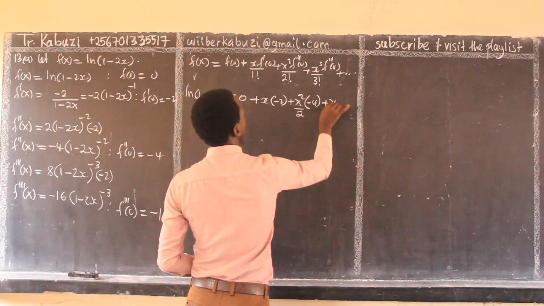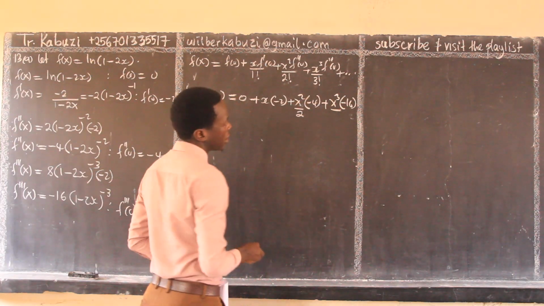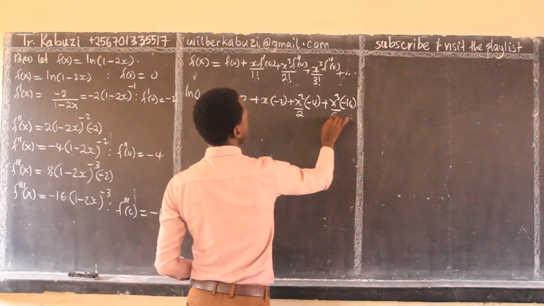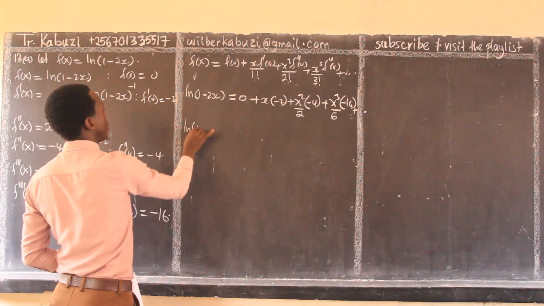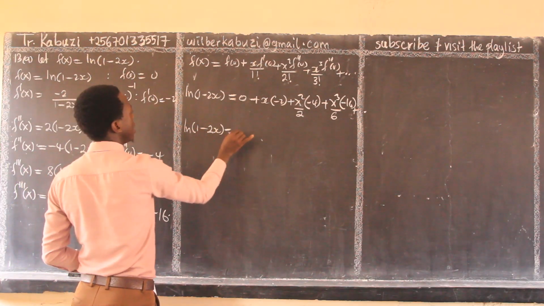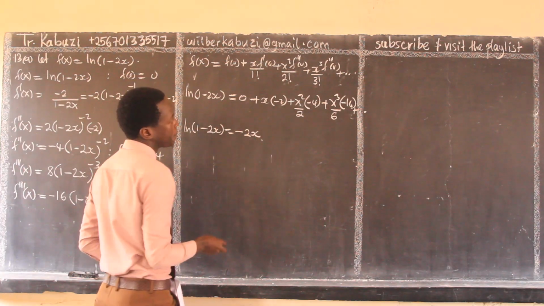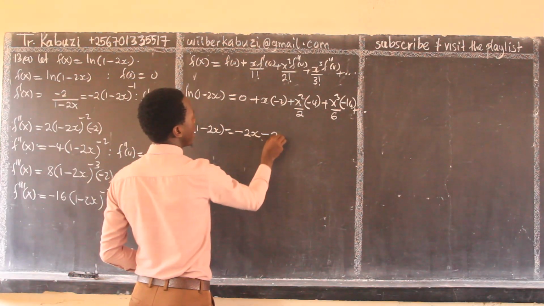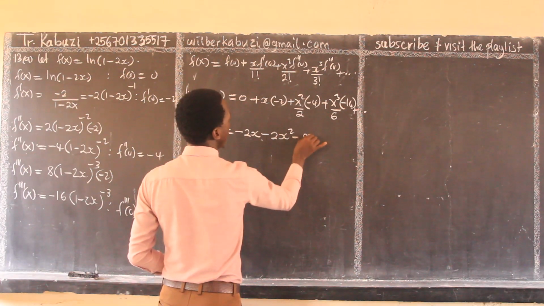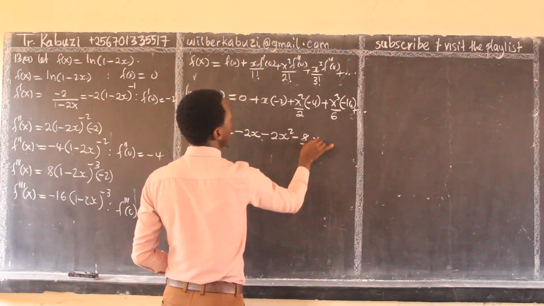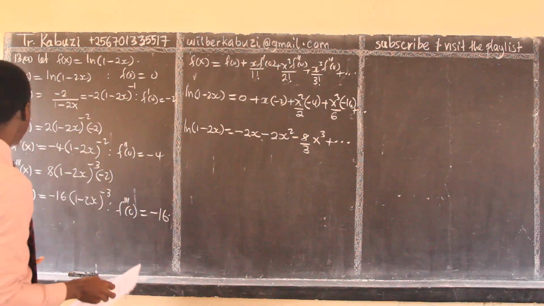Then plus x cubed, this is negative 16, 3 factorial, that is 6. So now, natural log of 1 minus 2x is minus 2x, reducing to minus 2x squared, then this will be negative 8 over 3 x cubed plus other terms. So that was part A.